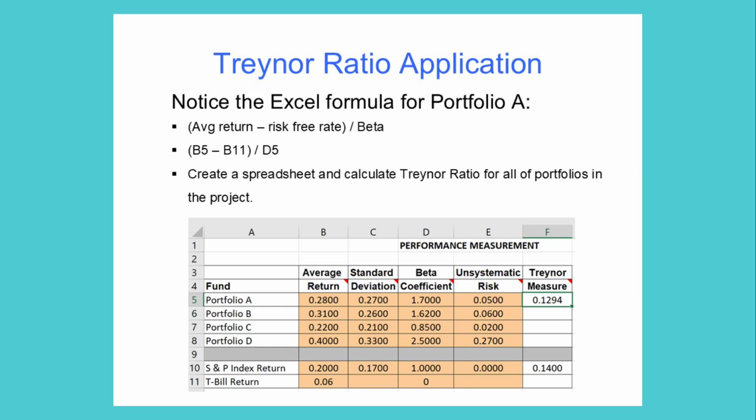Be sure to clearly label your cells and double check for errors when using the spreadsheet approach. And of course, apply this process to all the portfolios in the assignment.